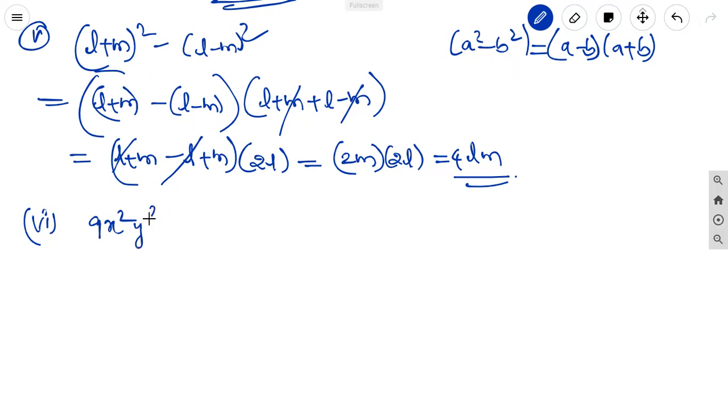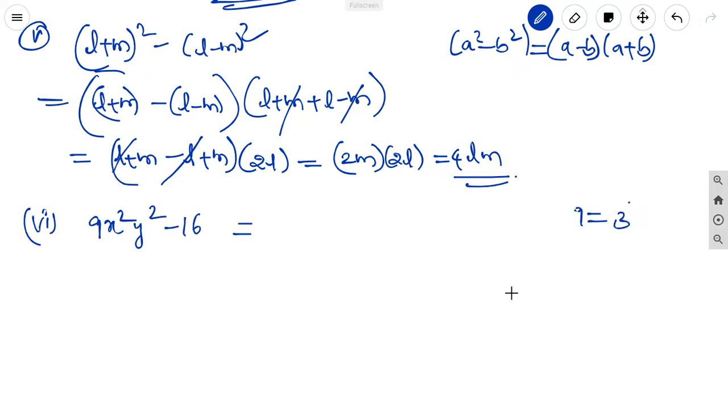The sixth one is 9x square y square minus 16. 9 is a perfect square of 3. So 3 square x square y square means (3xy) whole square. 16 is also a perfect square, that is 4 square. What is the form of the identity?